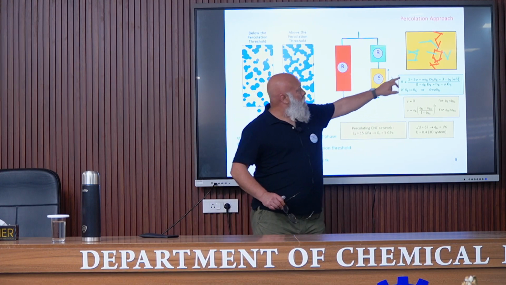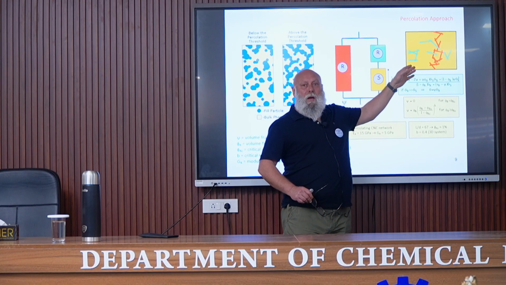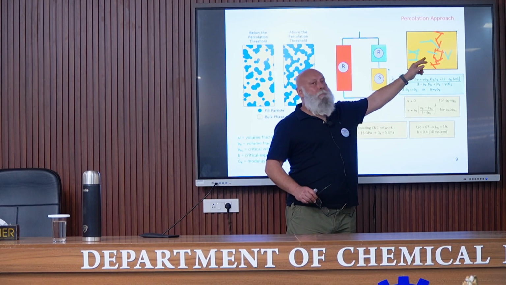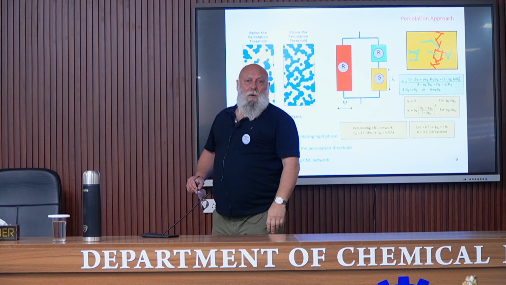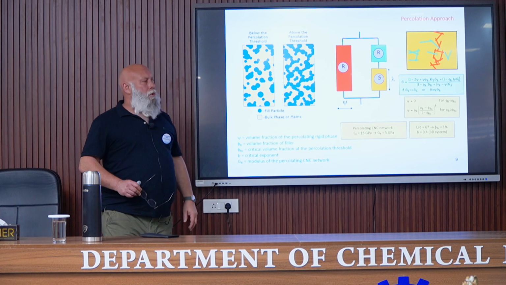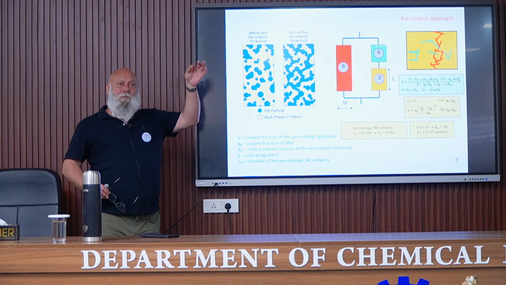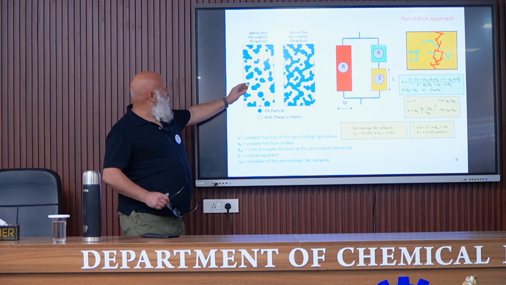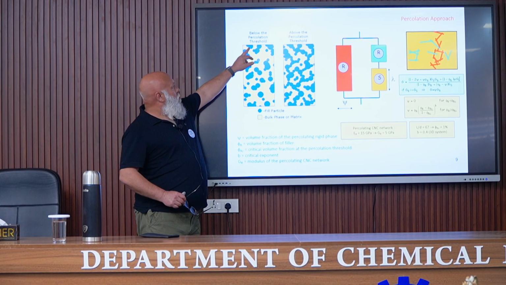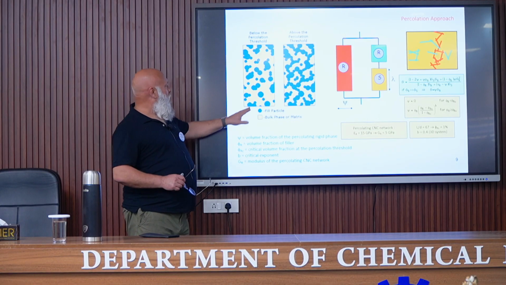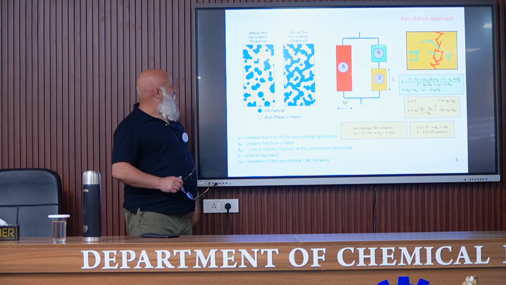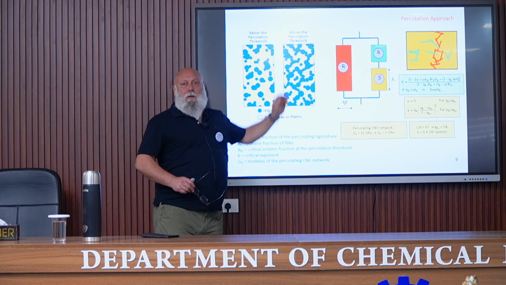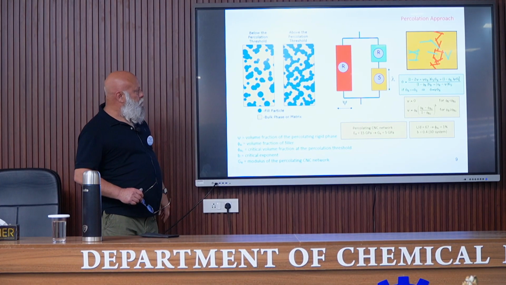In green correspond the unpercolating nanorods, and in red, the percolating nanorods. What we call the percolating nanorods are the nanorods that form a continuous path through the sample. The percolation approach is reported here. Below the percolation threshold, there is no connection between the blue phase, and above the percolation threshold, we can form this continuous phase.